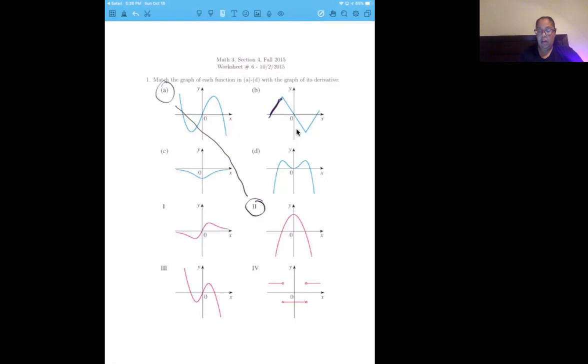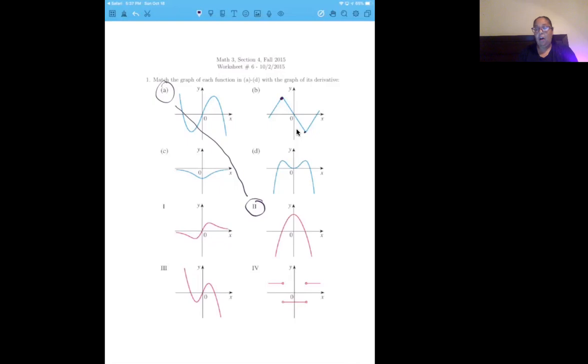Another thing I know is these places where they have these sharp little turns, they're not differentiable there. So you're going to see holes in your derivative graph.